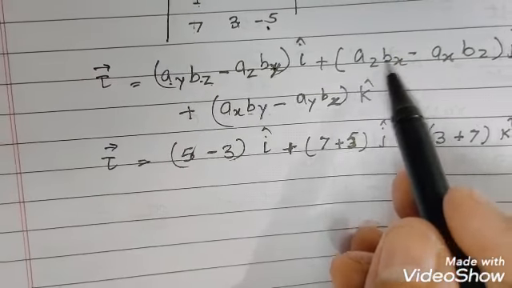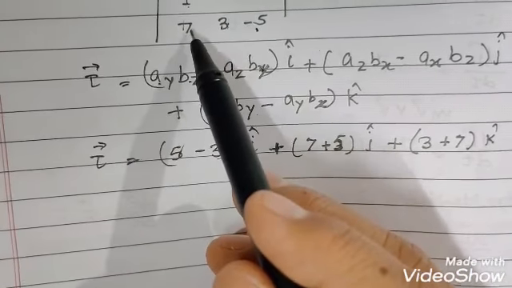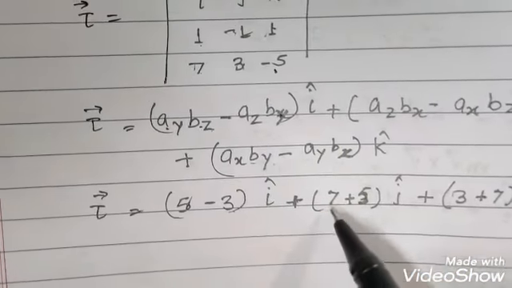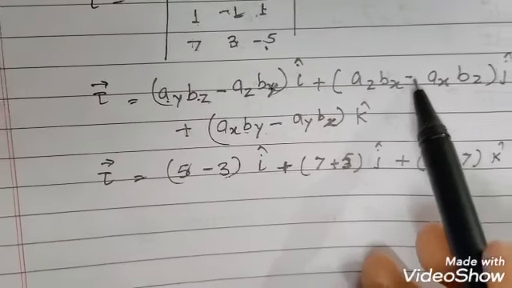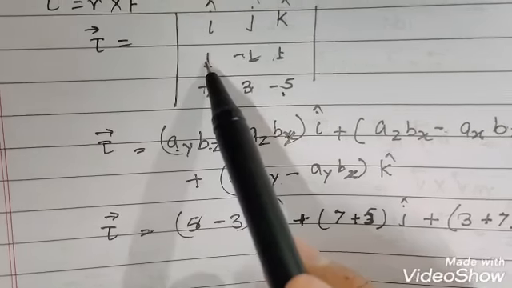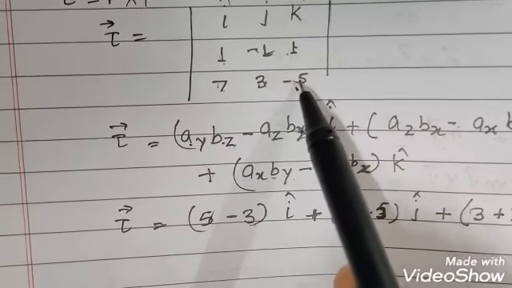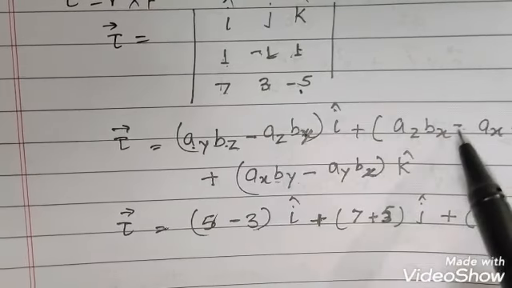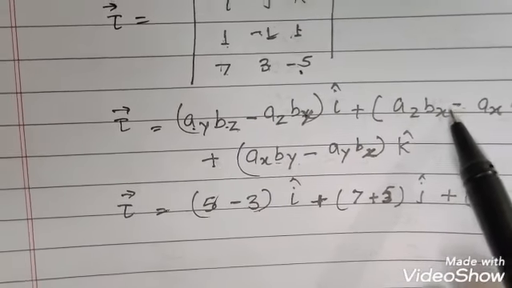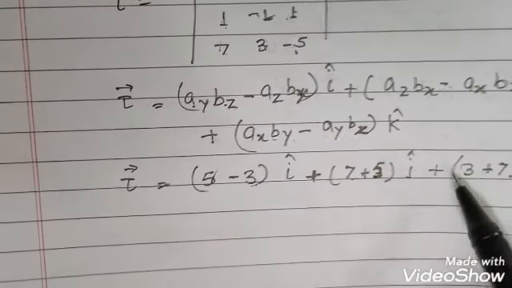Then azbx, that is 1 into 7, here 7, and minus axbz, ax is 1 and bz is minus 5, 1 into minus 5 is minus 5, this minus will become plus, then minus minus will become plus, so (7 plus 5) j cap.